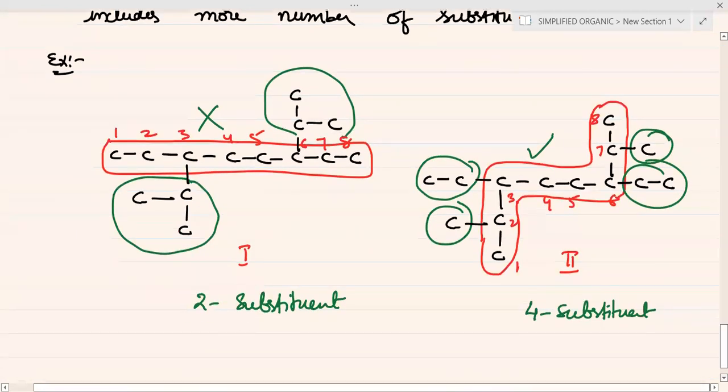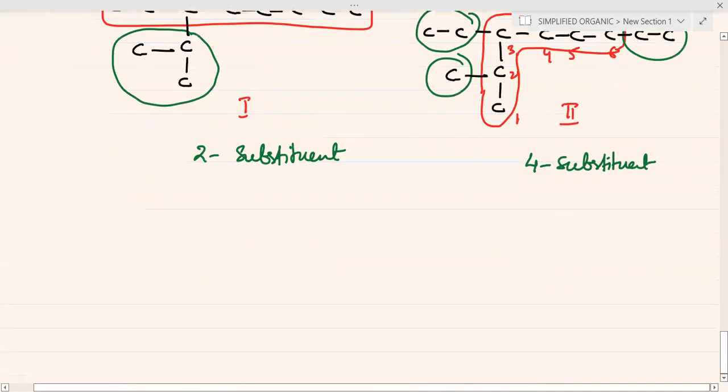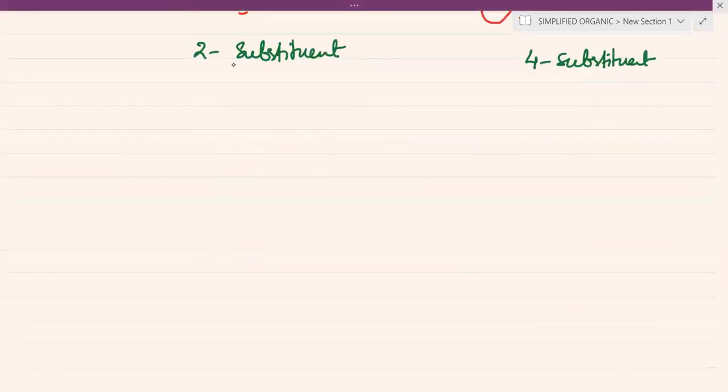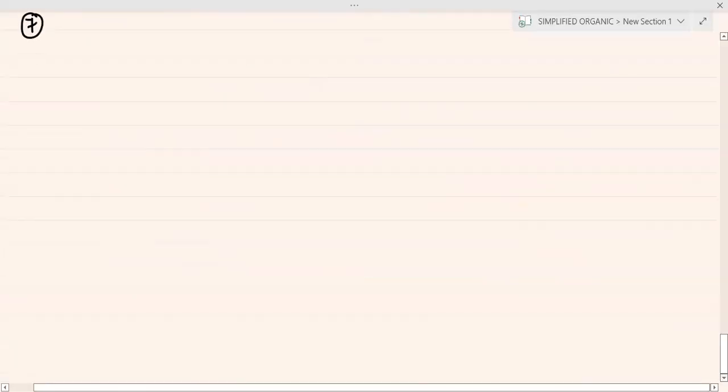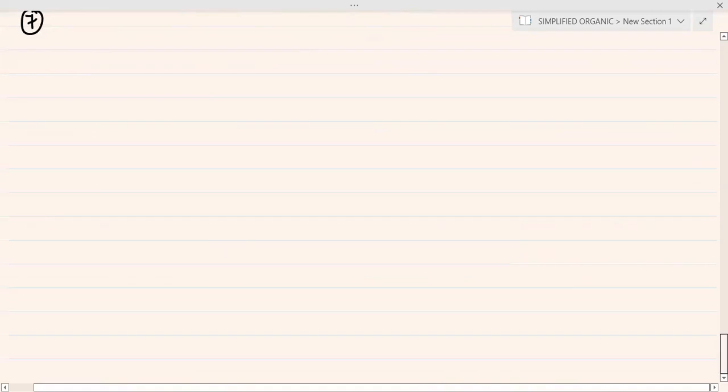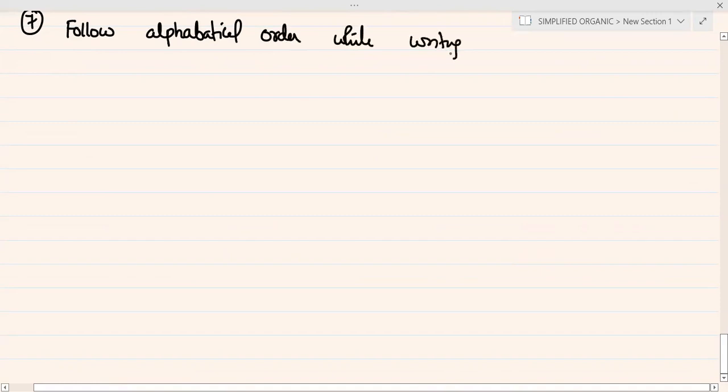Okay. Rule number 7. Follow alphabetical order while writing the prefixes.